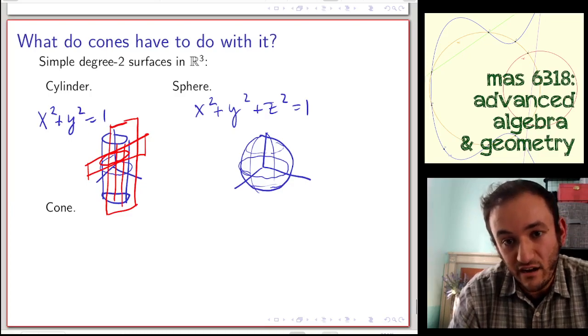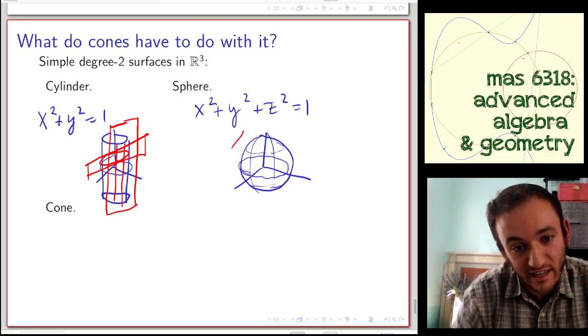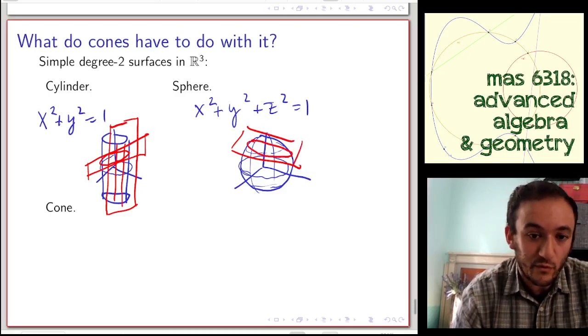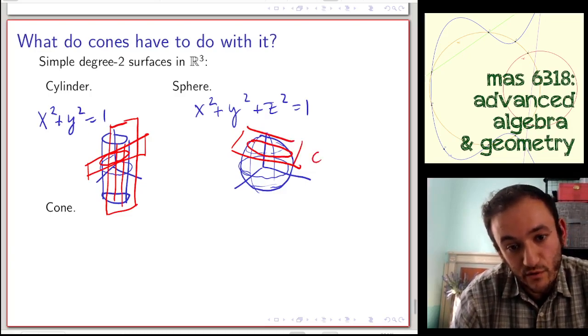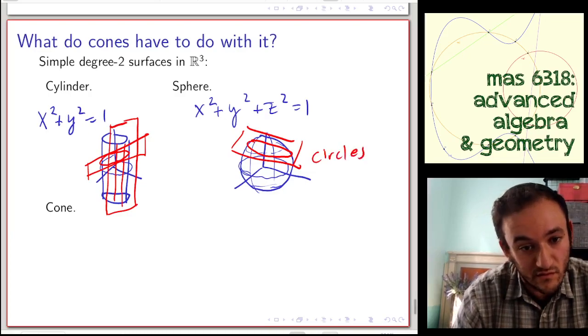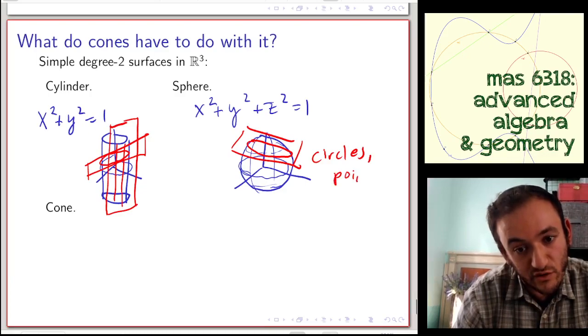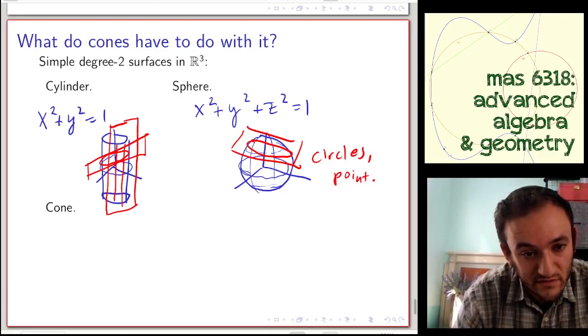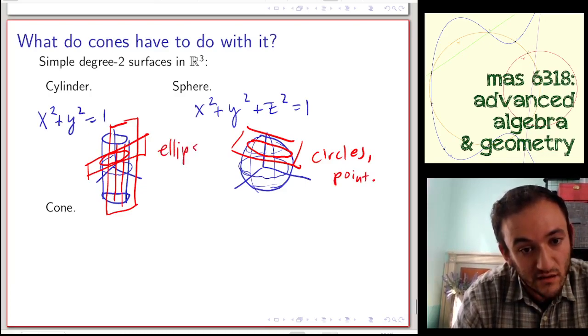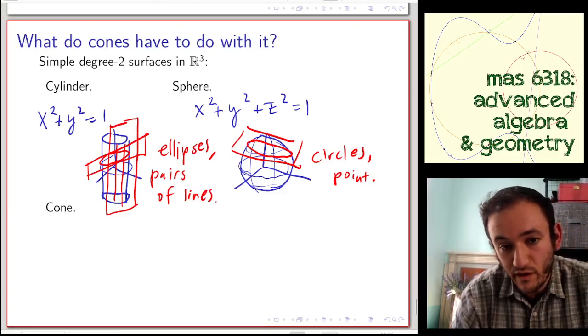But there, the only section that you're going to get when you cut it is a circle. So only circles, and maybe a point if you're careful. And the cylinder gives us ellipses and pairs of lines.